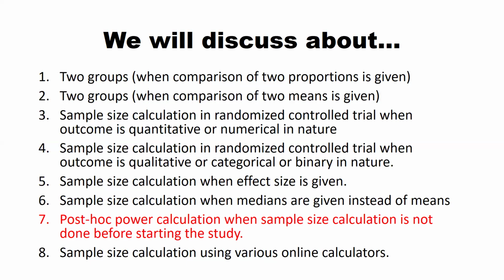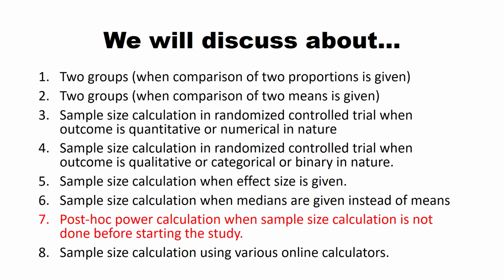And sample size calculation in RCTs when the outcome is qualitative, categorical or binary in nature: we are comparing two proportions. Then RCTs or quasi-experimental studies, case control studies, and sample size calculation when effect size is given; we will discuss these. And sample size calculation when medians are given instead of means.